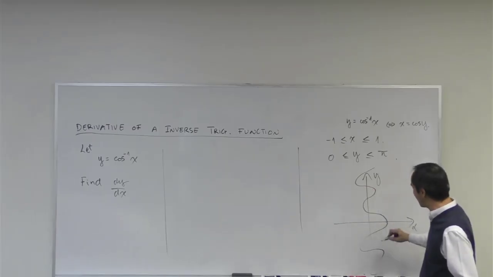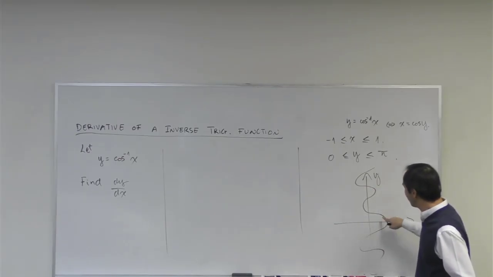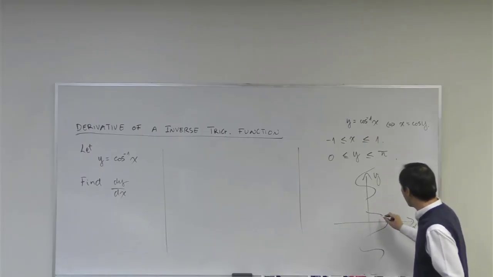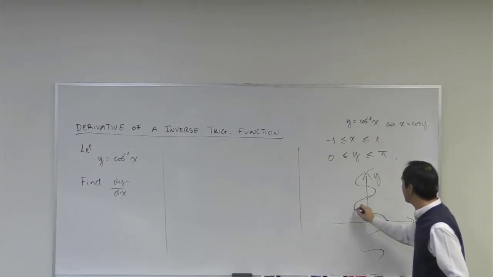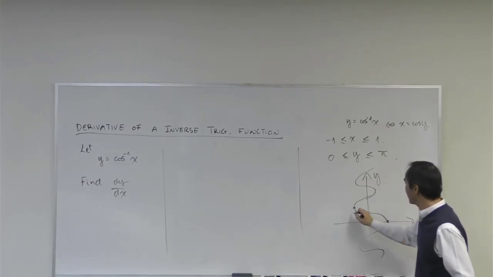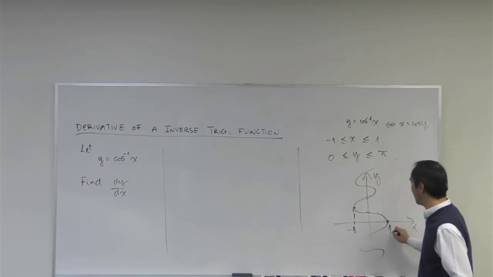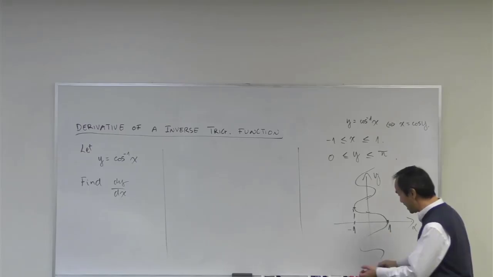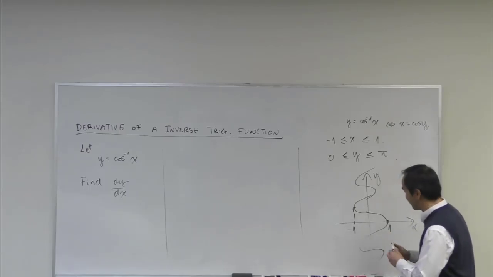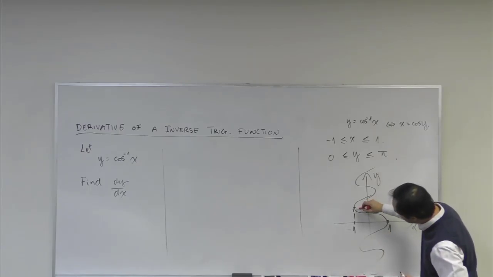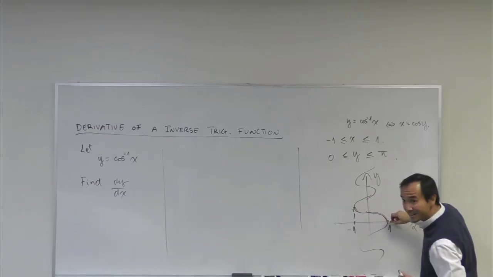That's why, for the cosine graph right here, we only take that portion. I was a little bit off scale right here, but we only take that portion. One is here, so the actual cosine inverse is this piece right here. You guys agree on that?